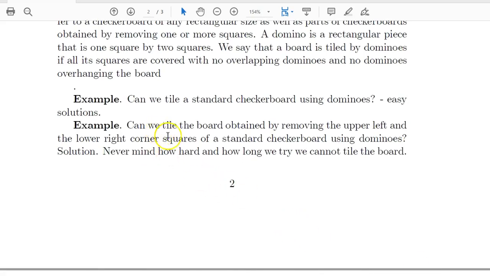Another example: can we tile a board obtained by removing the upper left and the lower right corner squares of a standard 8 by 8 checkered board using dominoes? Solution: we can try, and we cannot cover the board.